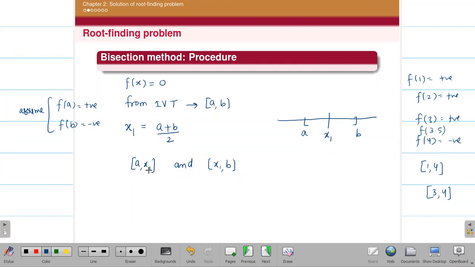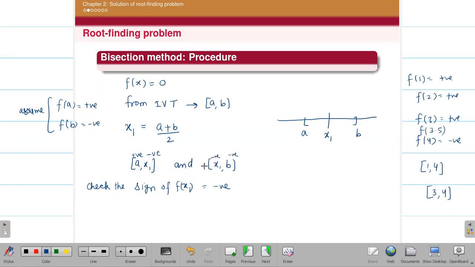So now check the sign of f of x1, because we have to find out in which interval our root will lie. Suppose it is negative. So f of A is positive, f of x1 is negative, and f of B is negative.